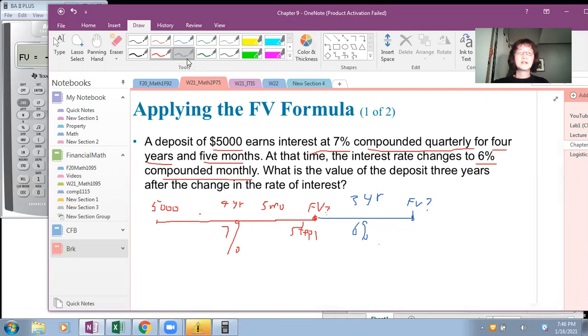And then once you calculated future value after 4 years and 5 months, this number becomes present value relative to this point here. So you use this number you calculated here as present value, then you figure out future value here. That is step 2.